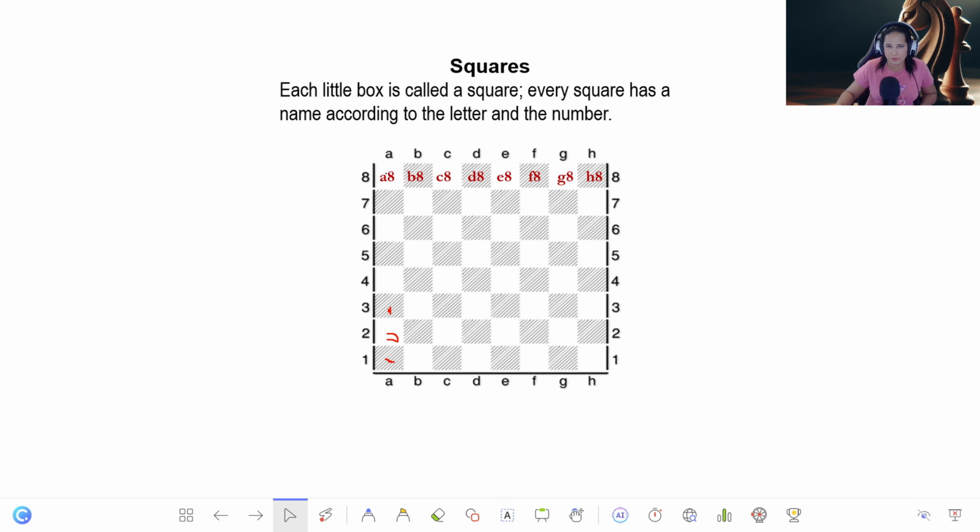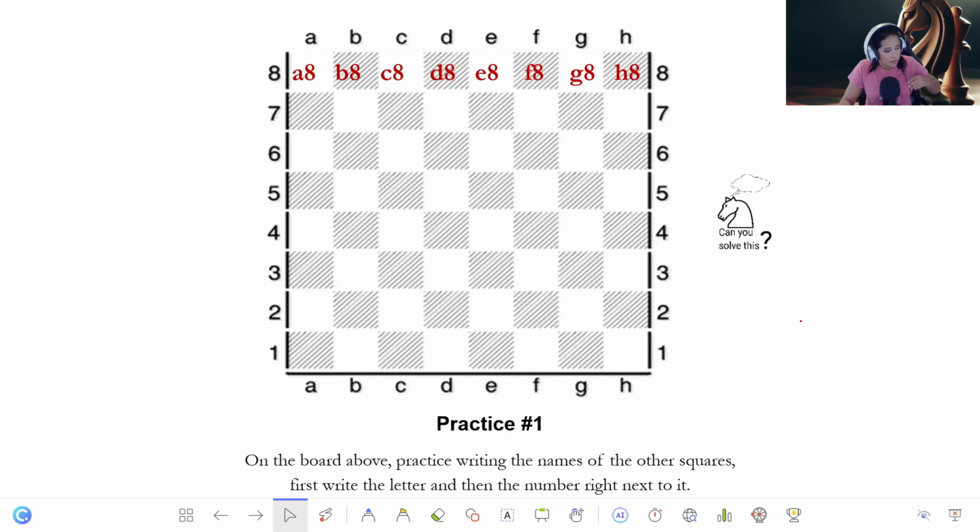Hello, I am Maria Eglis and we are going to do the practice together. Let's start with practice number 1, which is about the squares. And it says, on the board above, practice writing the name of the other squares. First write the letter and then the number right next to it, okay? So we're going to start with the A file.